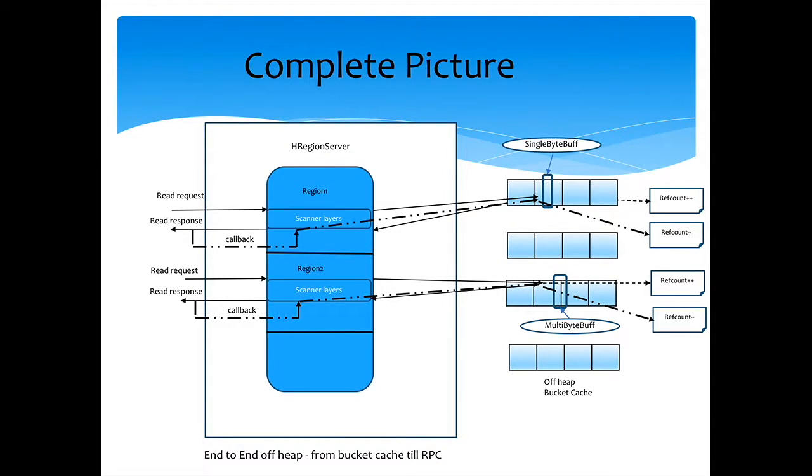The callback from the RPC layer flows through the scanner, and the reference count gets decremented. The first time you access, the reference is incremented; on the callback flow it gets decremented. Unless the ref count is 0, that block is not considered for eviction.